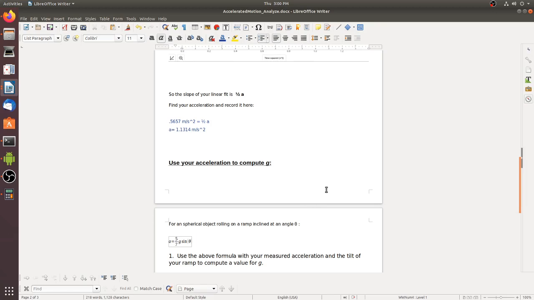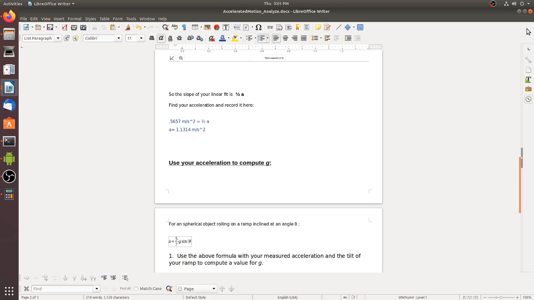We'll learn about it in later chapters. I just gave you the formula here for how the acceleration is related to the angle and the acceleration of gravity, which we call little g. So we can actually use our data and angle to come up with a value for g.